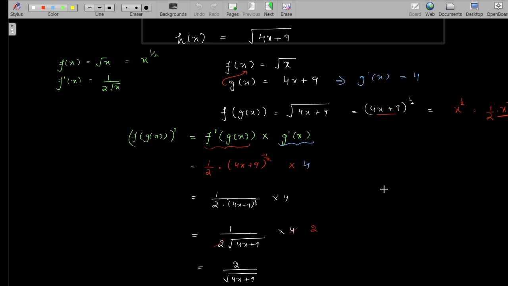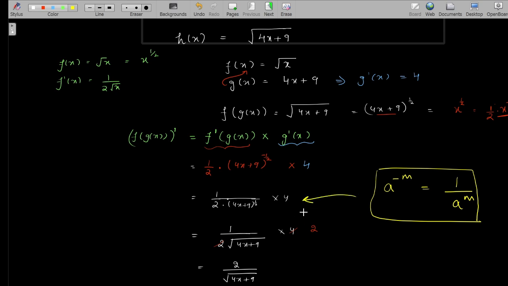Yes, here we are using the rule of exponents. If something has a negative exponent and you want to make it positive, you take the reciprocal of a, so 1 over a raised to m. This is the rule that we have used in this step.